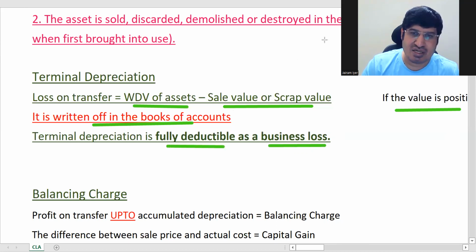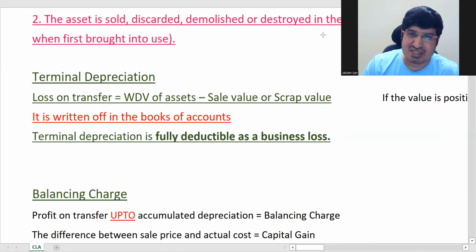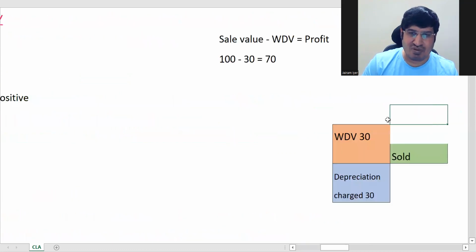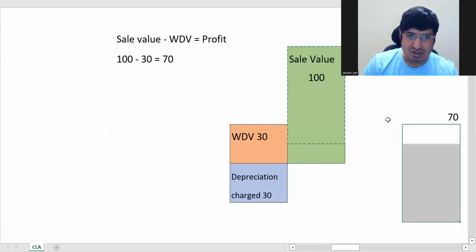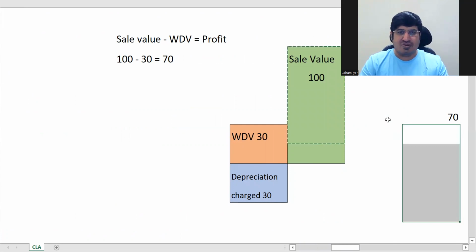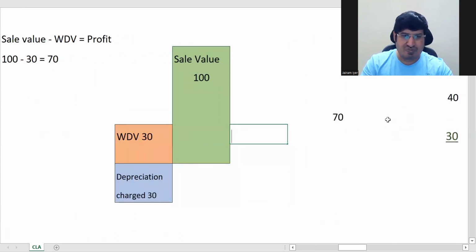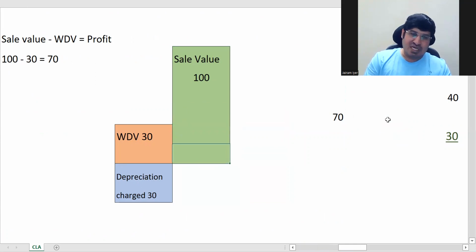Now the same thing, balancing charge, the other part of it. We talk about balancing charge now. Let's say the second possibility is you have sold it at a much higher value. In this case, let me take an example.